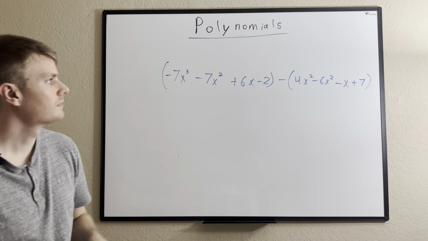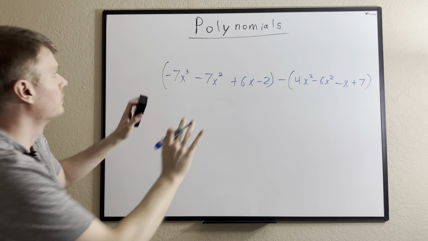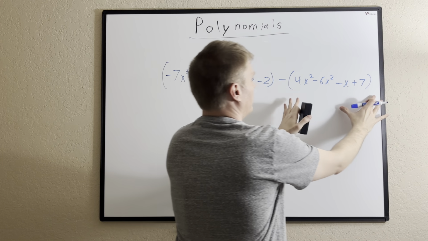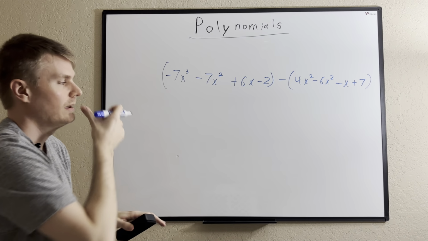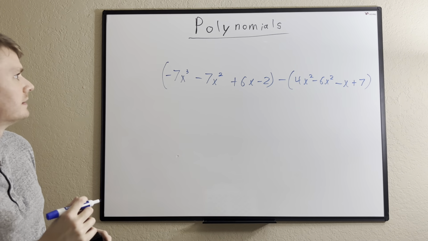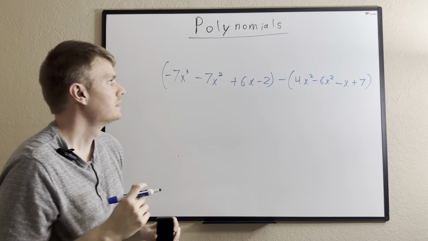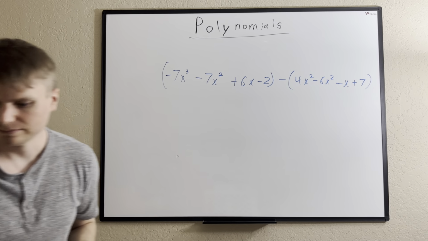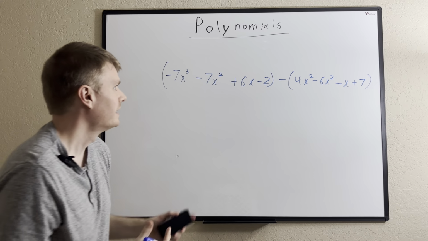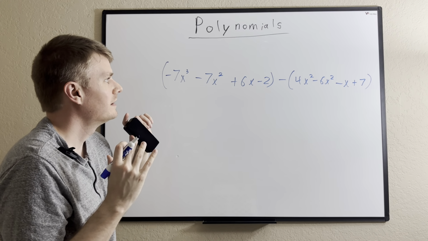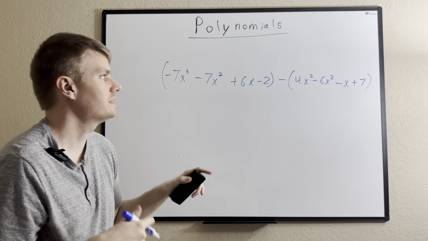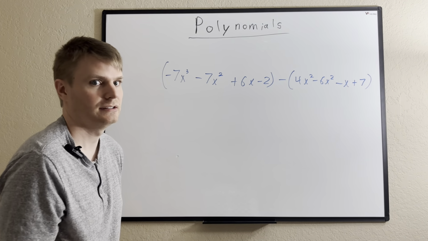So, you're taking one polynomial and you're subtracting the other polynomial, right? I would do adding first, but I want to be more efficient and just say that subtracting is just adding the opposite.